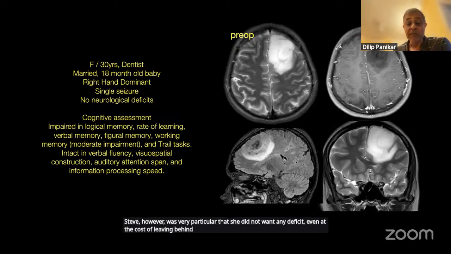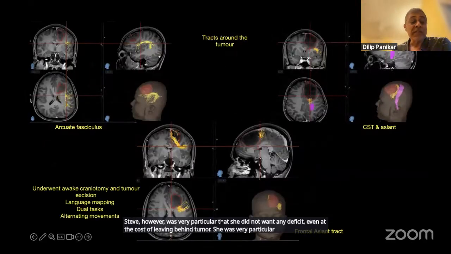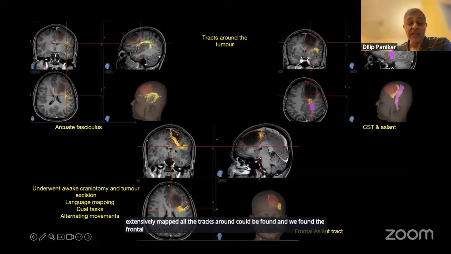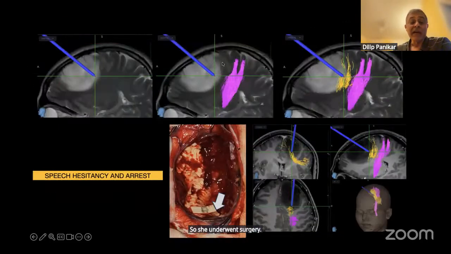This was extensively mapped. All the tracts around could be found, and we found the frontal aslant tract skirting the posterior margin of the tumor. So she underwent surgery. And right at the posterior border, where we expected the aslant, she developed speech hesitancy and arrest, and the surgery was stopped at that point of time.